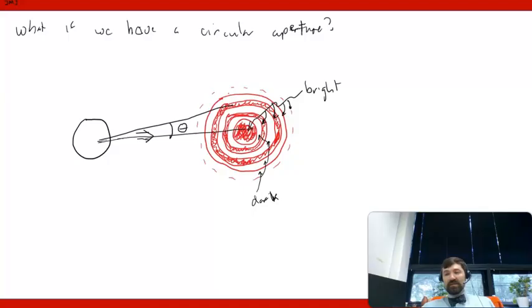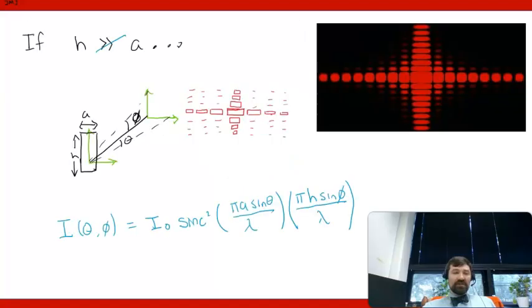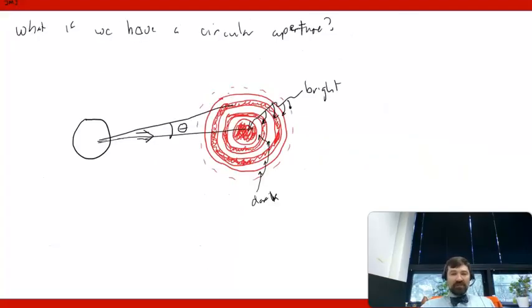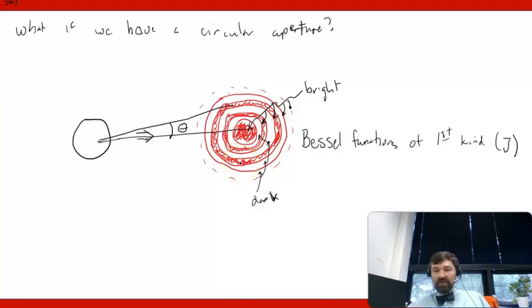And it's not as easy of a pattern as what you get from this or from this, where you can just say a sine theta is m lambda, because these are described by Bessel functions of the first kind. With that said, we can find where these dark areas are in terms of the diameter, big D, of the circular aperture, and this angle theta.